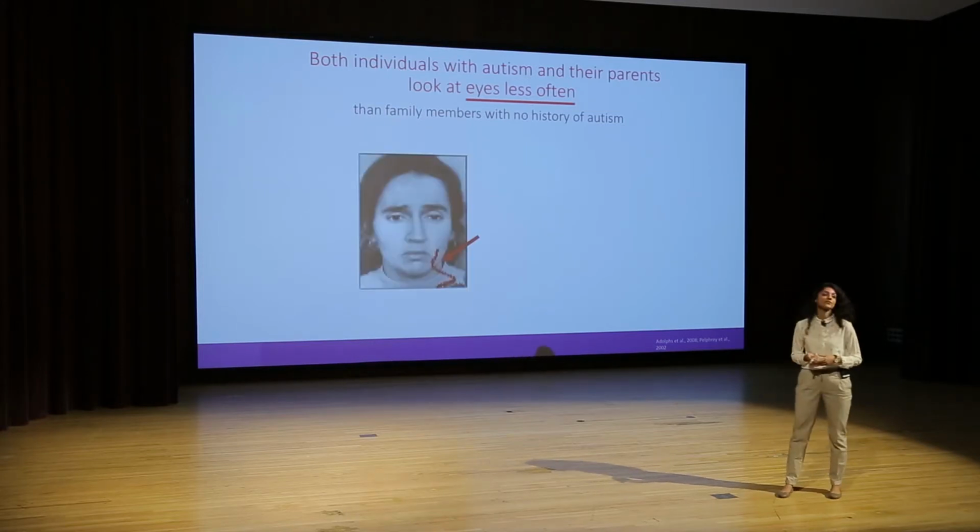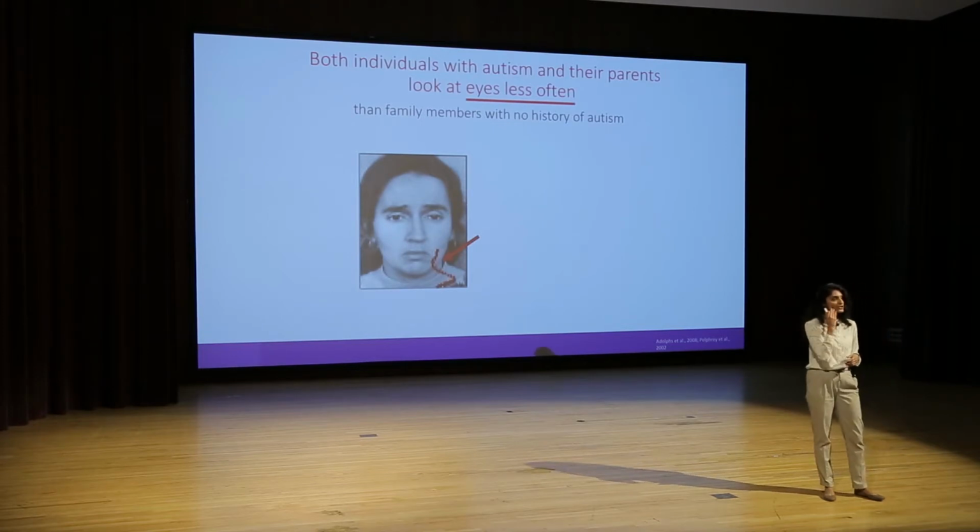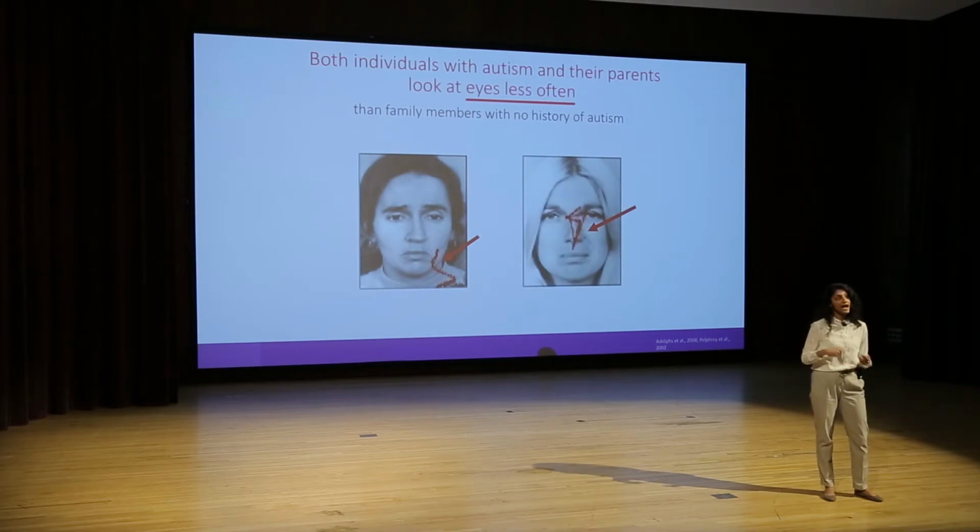You can see here on the left, an individual with autism is looking at the chin or the cheek, as depicted by that red trace, compared to their peer without autism, who makes this triangular look between the eyes and the mouth to take in the whole facial expression depicted in this picture. So this suggests that visual processing may be a trait that runs in families of individuals with autism, which may in turn be linked to genes that are involved in making autism happen.